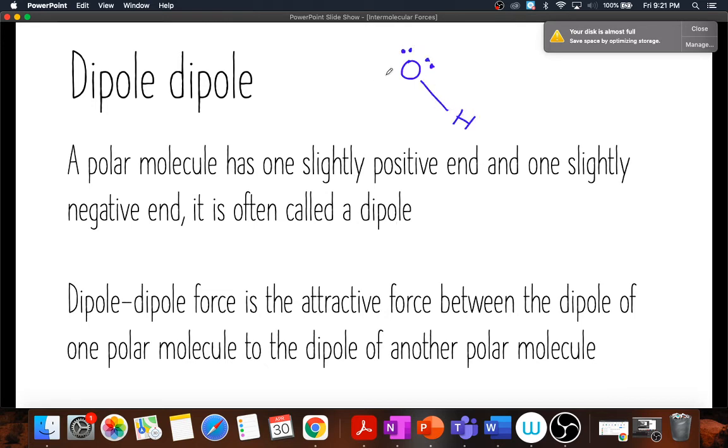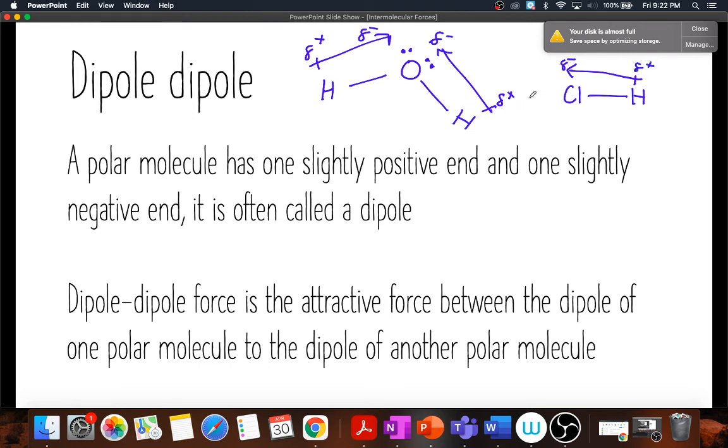If I had water here, again, the dipole is pointing towards the oxygen, our more electronegative atom. It's my partial negative, partial positive. And if I have something like HCl, again pointing from the less electronegative atom to the more electronegative atom, so partial negative, partial positive.